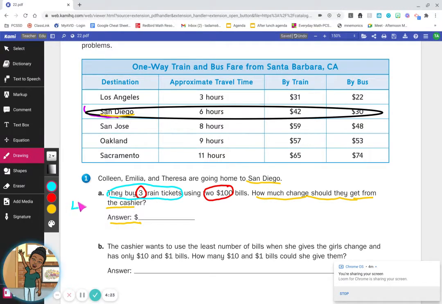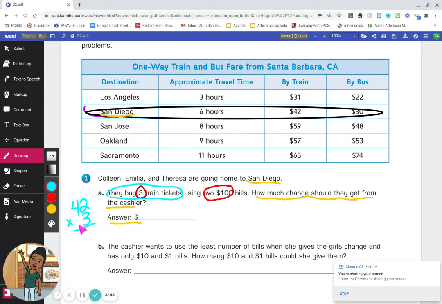And I am going to use partial products multiplication, 42 times 3. First, I'm going to multiply my tens place, 3 times 40, because we're thinking expanded form. We're going to break it down.